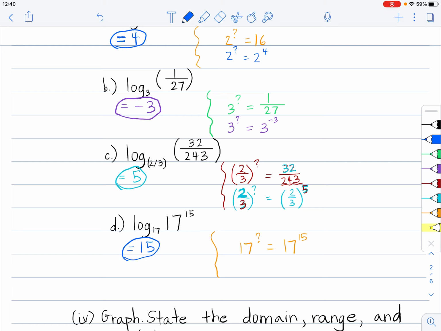And log base 17 of 17 to the 15th power, log base 17 of 17, in the future, we're actually going to get that that cancels and then 15 falls out.